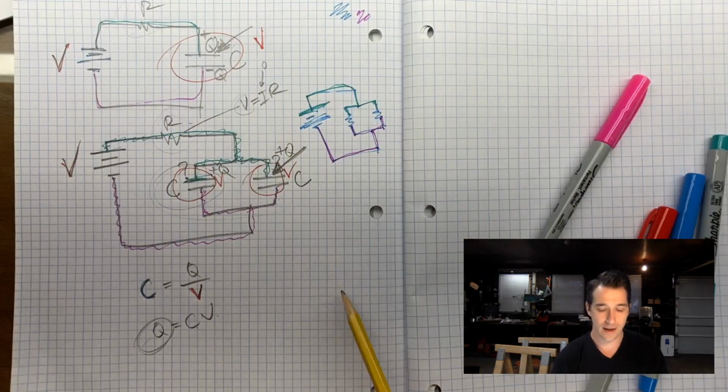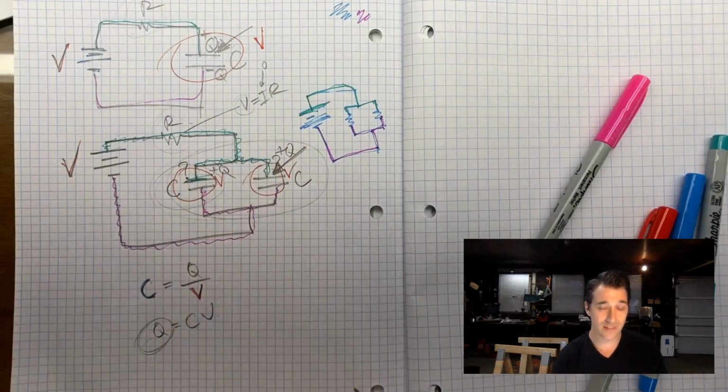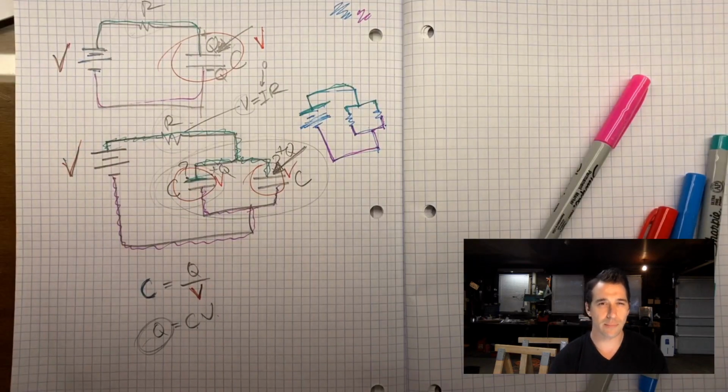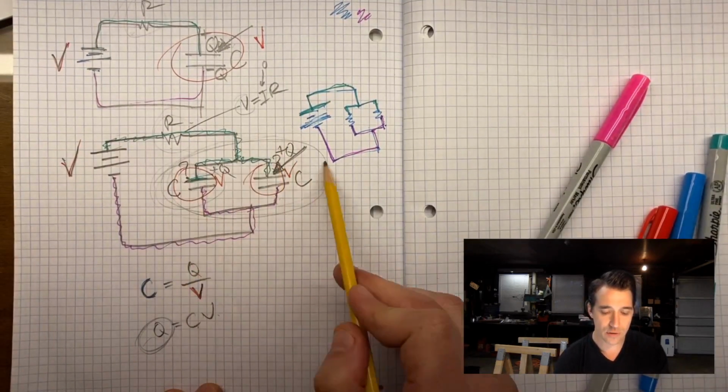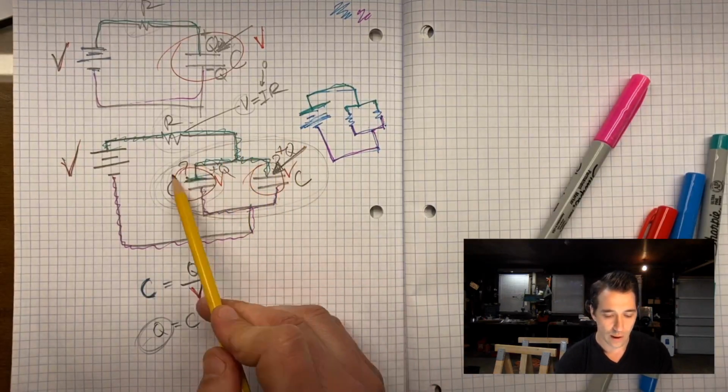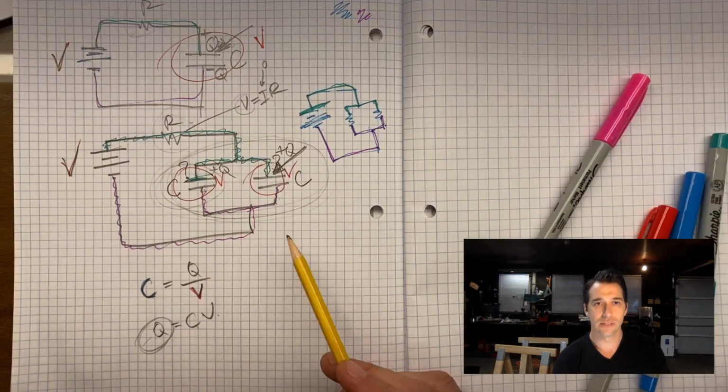Okay. Now, there's a question here that wasn't asked, and we could talk about it more. We'll probably hold off right now, but maybe you could think about this and see if you can answer it. How much total charge is being held here?